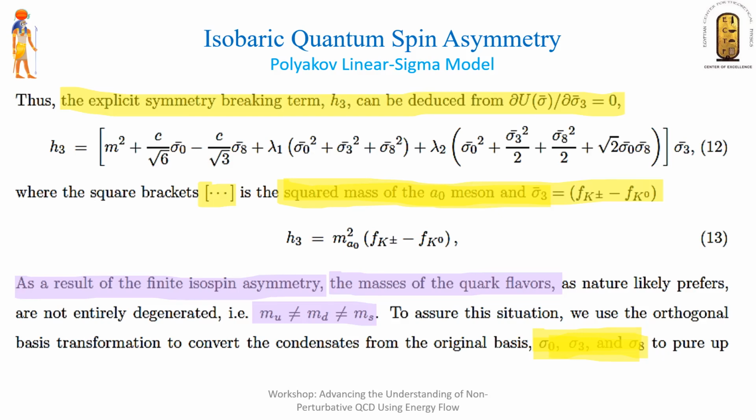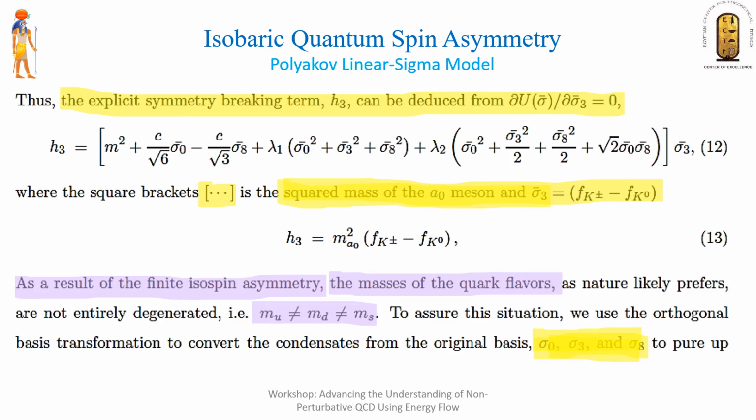Therefore, we get the result that h3, which takes care of the isospin symmetry breaking, equals the squared mass of a0 multiplied by the difference between fK plus minus and fK0.